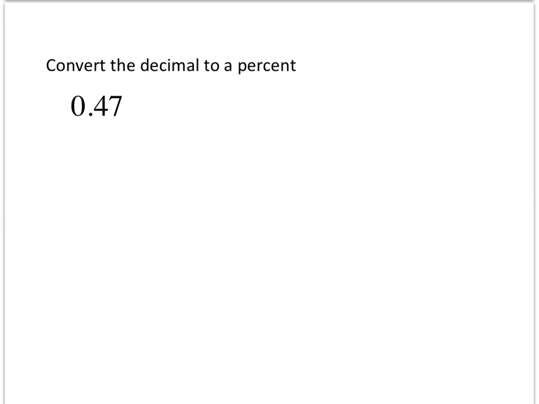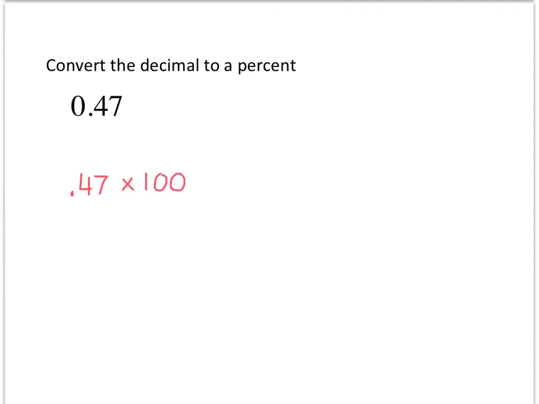So in our first problem, I'm asked to convert the decimal 0.47 to a percent. So again, 0.47 is literally saying, okay, out of 100, what does 0.47 mean? How many parts out of 100 is that? Well, it turns out, again, to make a decimal in terms of a percent, I simply need to take 0.47, and now we're going to multiply it or scale it up by 100.